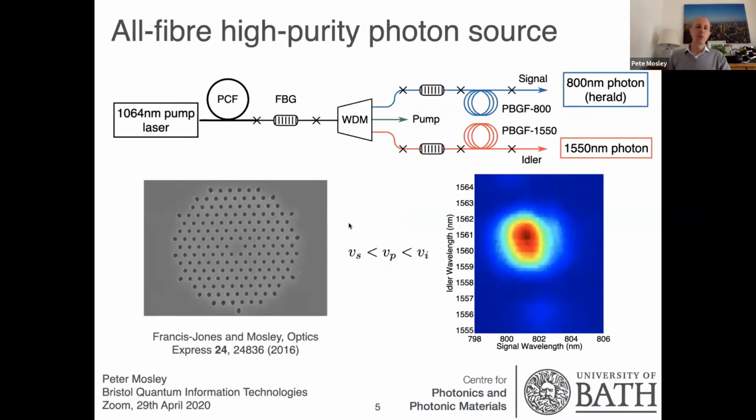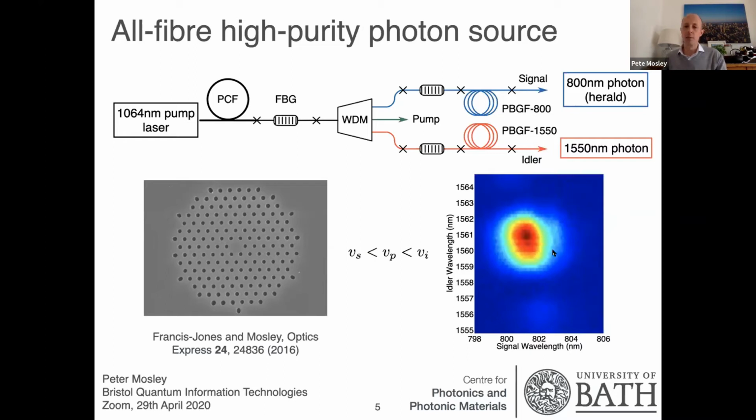But photonic crystal fiber is really nice because by controlling the structure of the fiber, so that means deciding on the separation of the air holes and the size of the air holes, we can control the group velocity dispersion within the fiber. And by playing this little trick where we engineer the group velocity of the pump to be in between the group velocity of the signal and the idler, it enables us to eliminate that spectral anti-correlation between the signal and the idler photons.